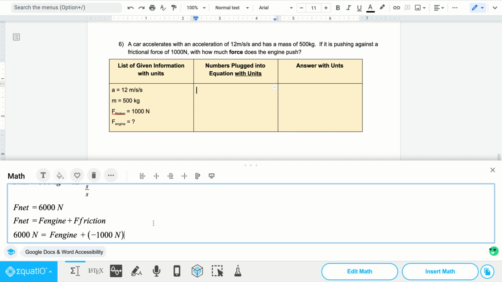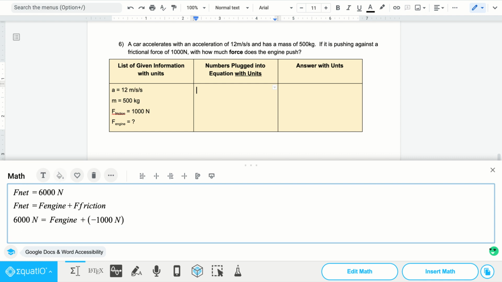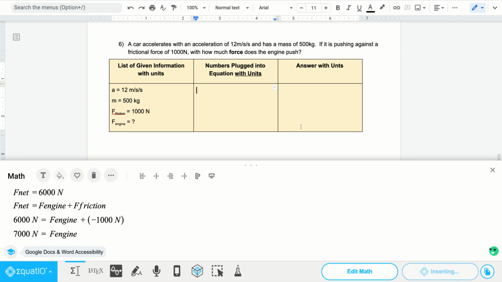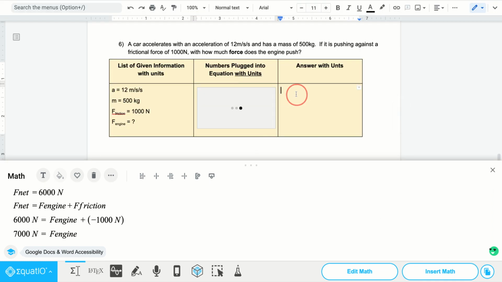So it's going to include both of those. Add 1,000 to both sides of this equation, and we get 7,000 newtons is equal to the force of the engine. There's our answer. I'll just rewrite that.